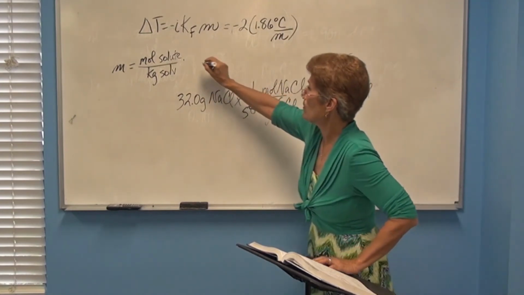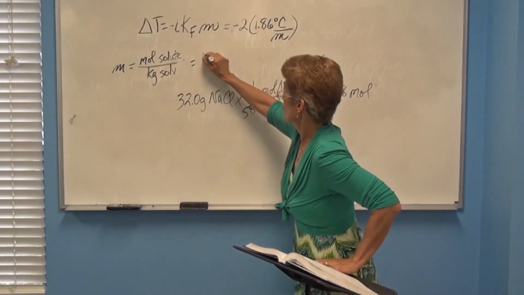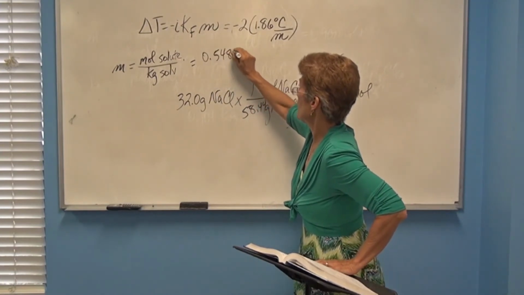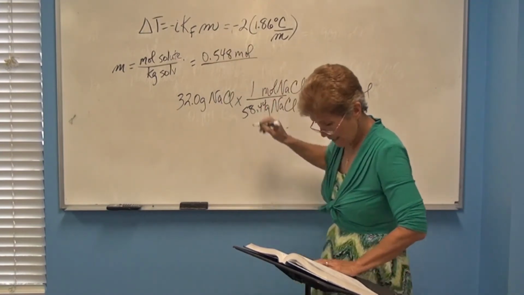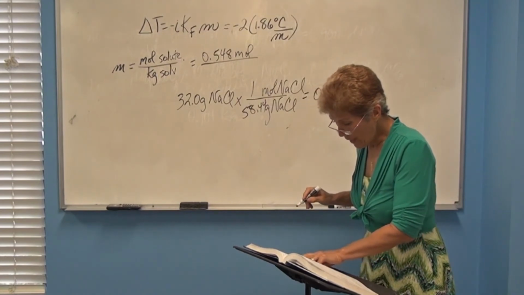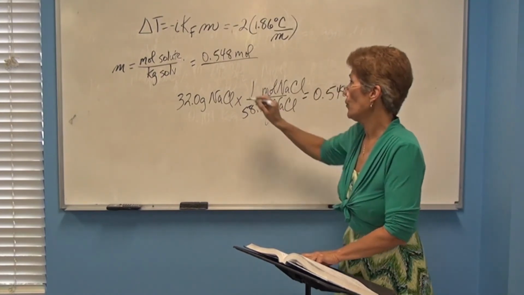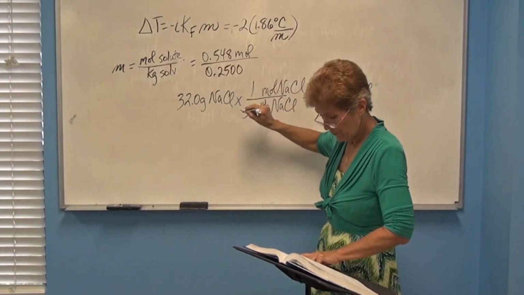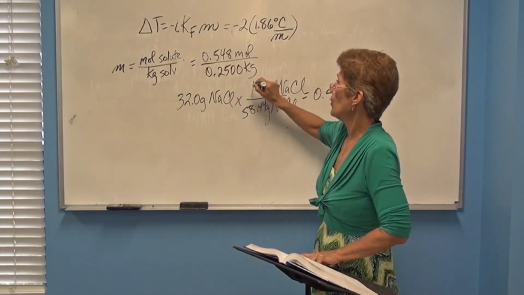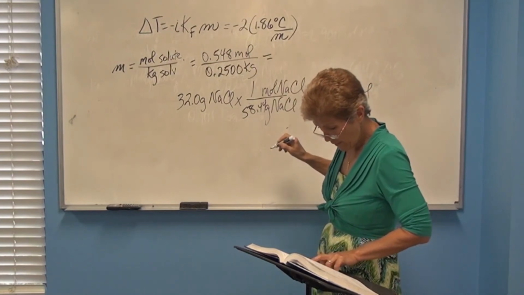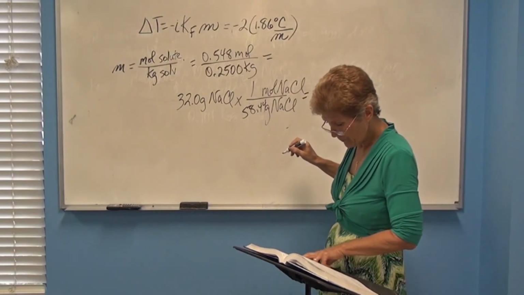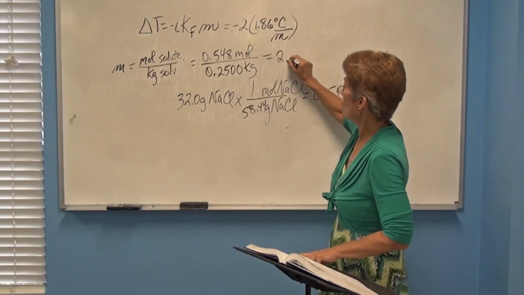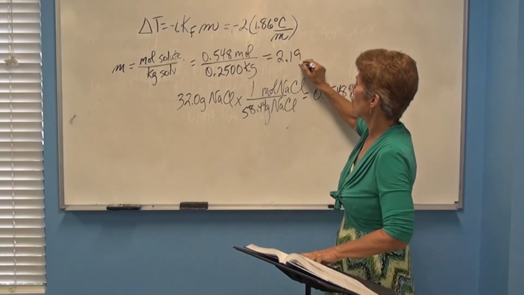So now we can come up here and go 0.548 moles. And we need the kilograms, where we're told that we have 250 grams of water. So that's move the decimal place back by 3, kilograms of water. And so that's going to give us 2.19, 3 significant figures, molal.